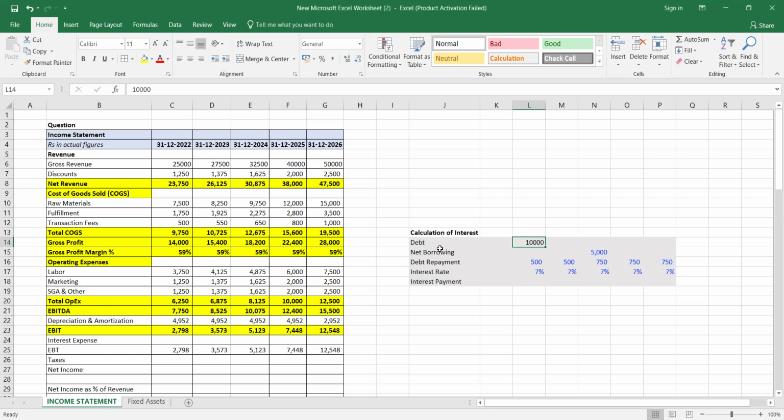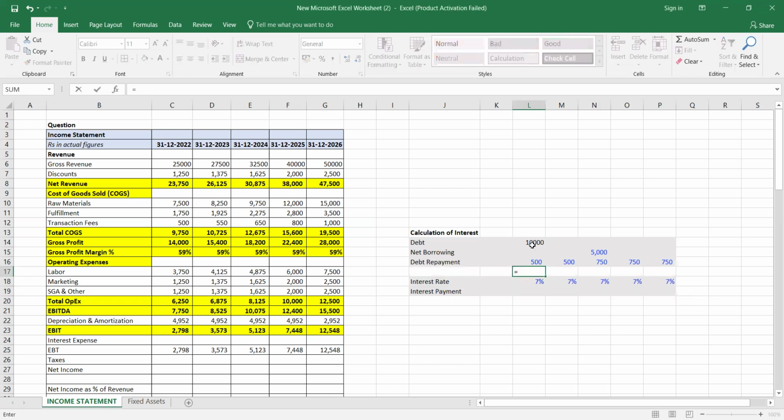So here I will make this kind of columns wherein they have given you debt. What was the balance debt for the first year is 10,000. They repaid 500 rupees. So balance left out will be this plus net borrowings minus debt repayment.